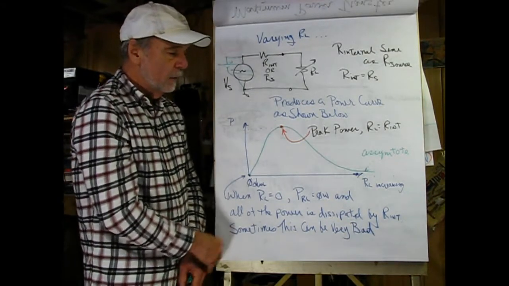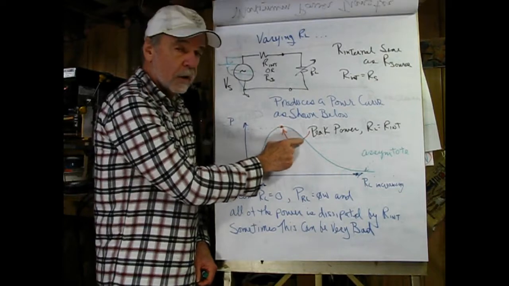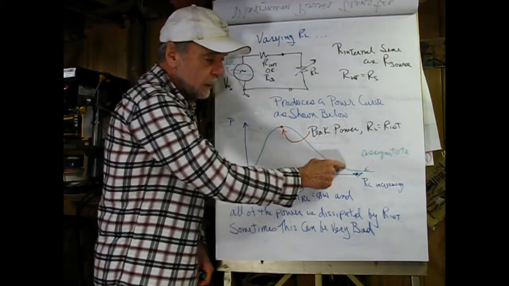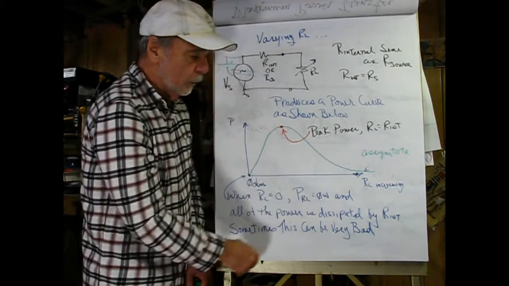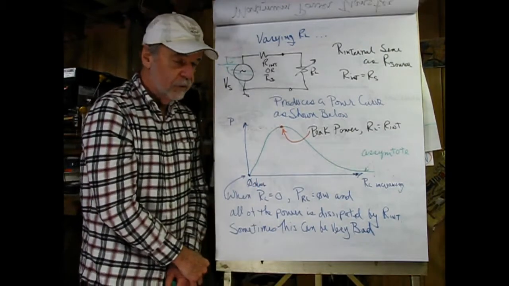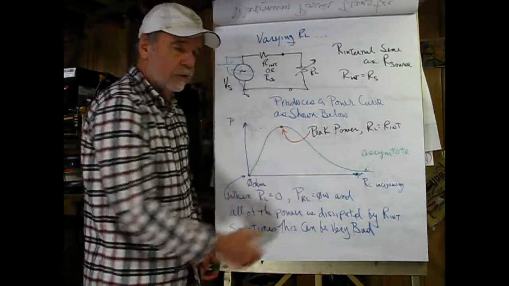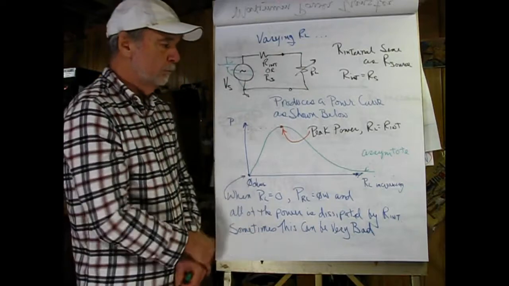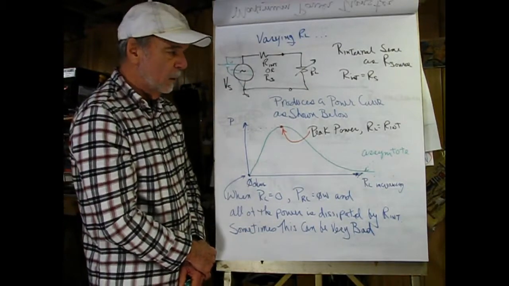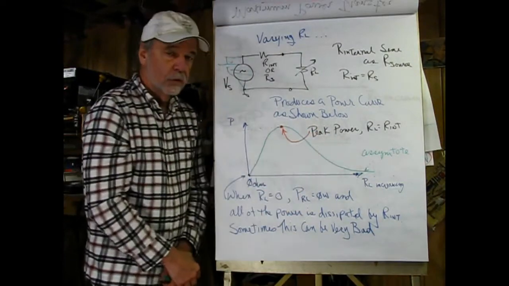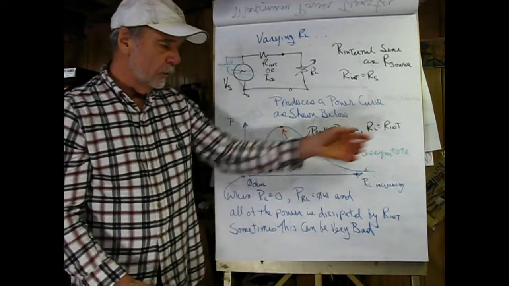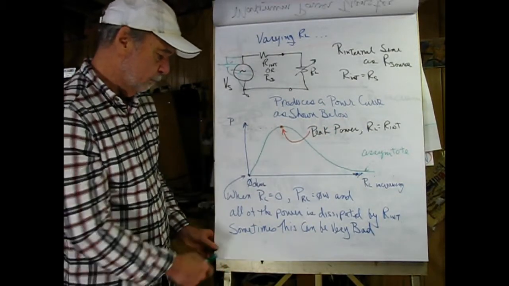After that, further increasing it will cause the power to drop and asymptotically approach 0 watts. So no matter how large it is, theoretically it never gets to be 0. So we have a peak power, and this peak power occurs when the load resistance is equal to the internal resistance of the source.